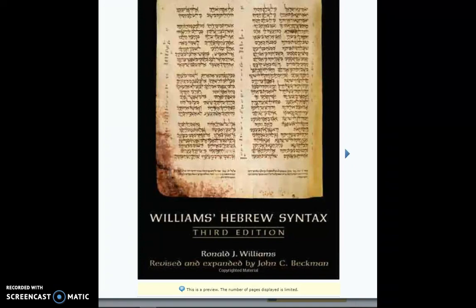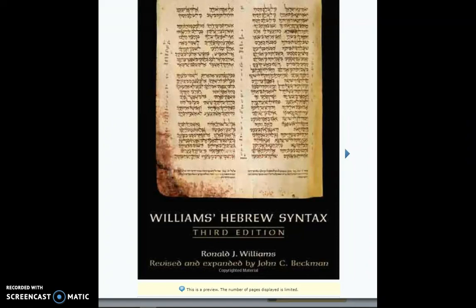Causal usage of ki, because, and then it'll give you an example from the Hebrew text. And then temporal usage, when, and then a usage that your textbook didn't give you, conditional, if, and then adversative usage, but, or rather, or but instead, and so on and so forth.